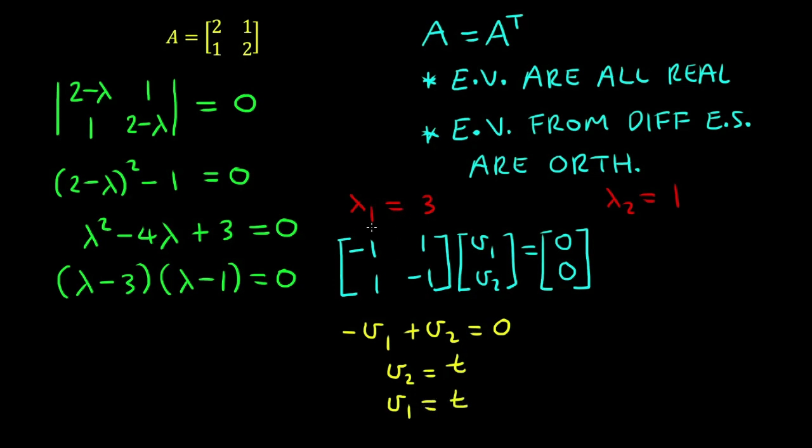So all eigenvectors in the eigenspace corresponding to this eigenvalue can be represented as v1, v2 is equal to the parameter t times the basis vector.